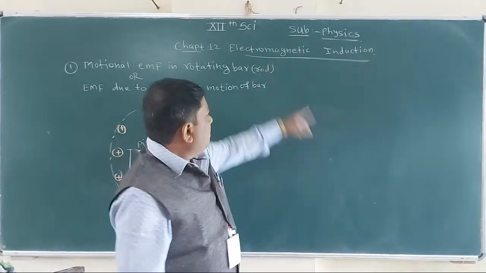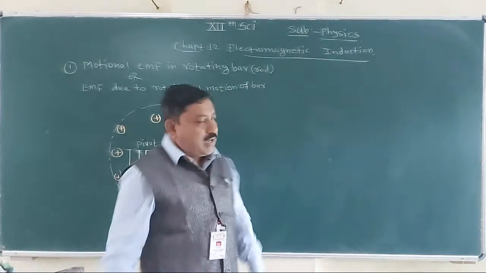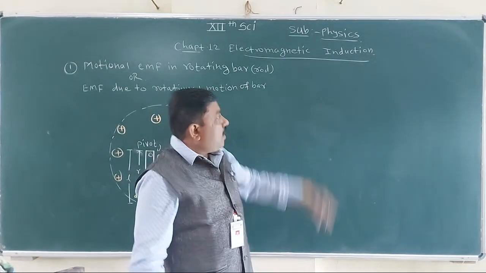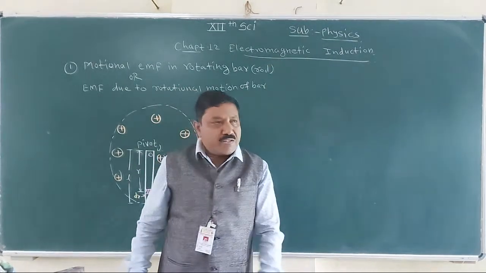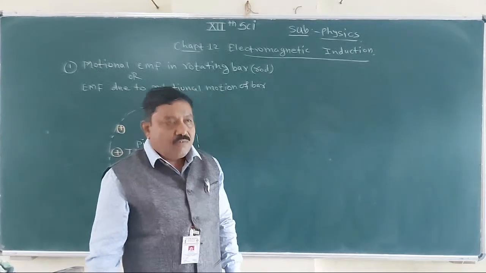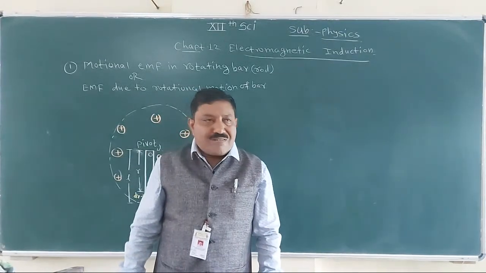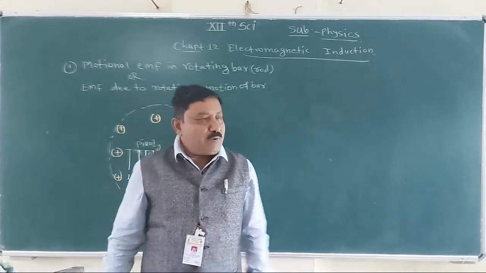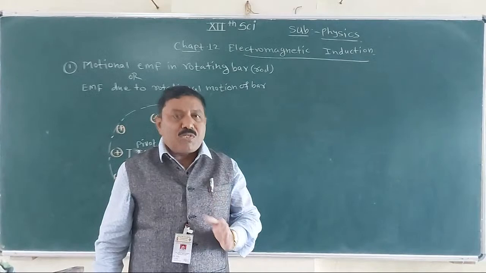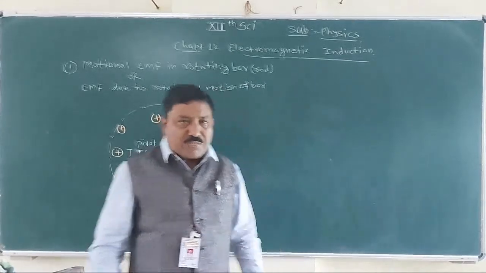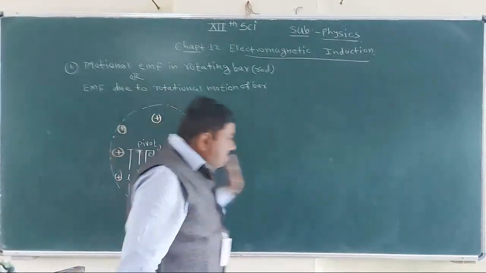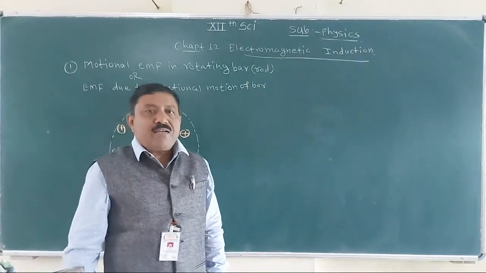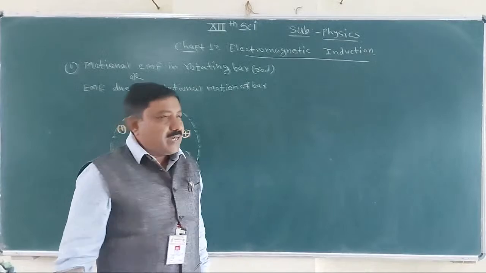My subject is physics. We are going to continue the chapter electromagnetic induction. In the last lecture, we studied the translational EMF, or motional EMF, produced in the conductor, and that motion is a translational motion. When the conductor is moved in a uniform magnetic field of induction, an EMF is produced in that conductor.